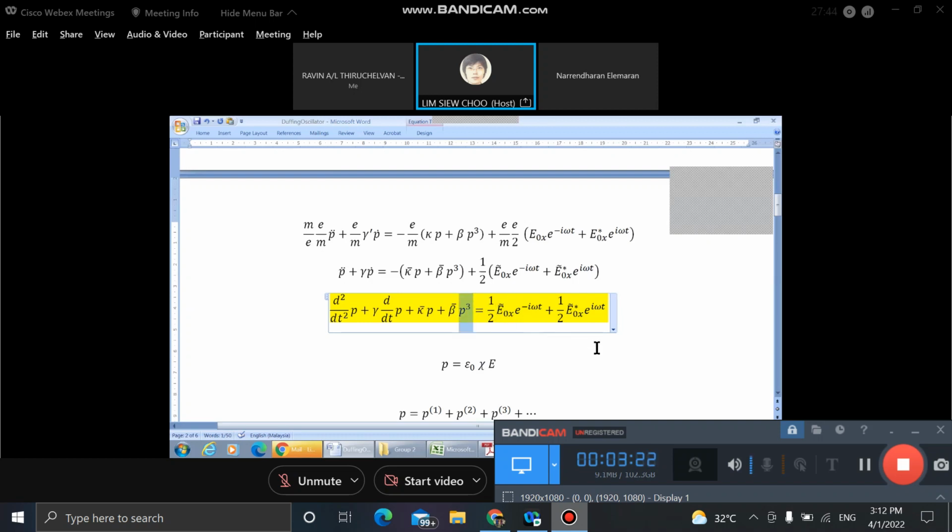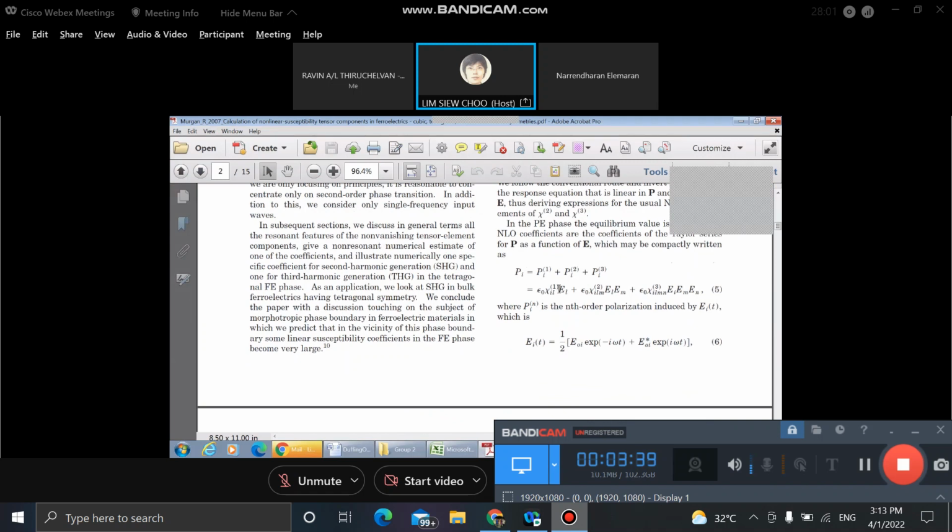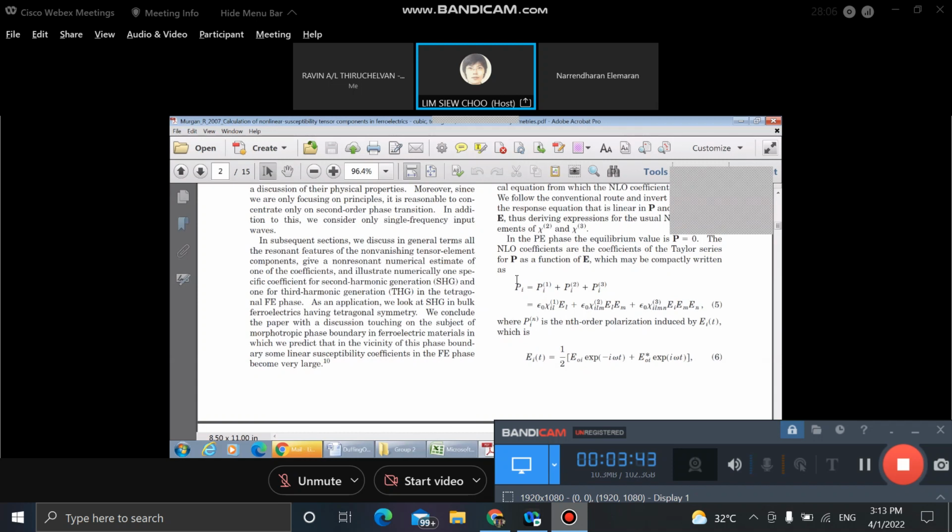So from your basic electricity and magnetism, you have P equals epsilon naught chi E. Last week I was confused about whether I should put epsilon naught or not. So I referred to Morgan. This is the last year's final project, the articles they refer to. You can see this article.